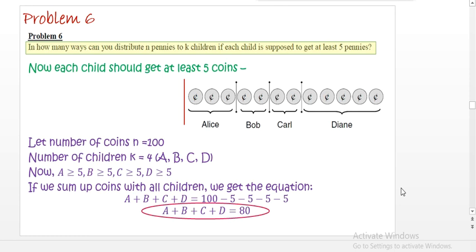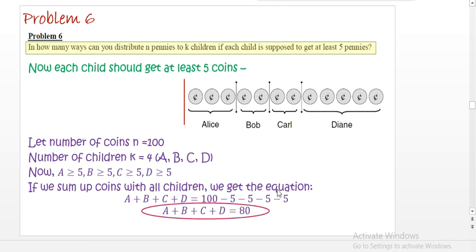So we have to choose 80 coins that we are going to distribute among these 4 kids. For the 4 kids we have 3 dividers and we have to put 80 coins between those dividers, just like in the previous exercise. So it's going to be 4 minus 1 plus 80, choose 80. 83, choose 80 possible solutions.